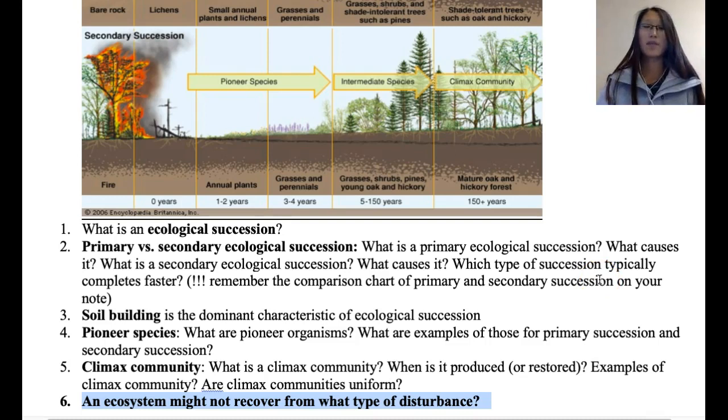And one thing I forgot to mention in the biome video is, and this is way off topic, but since I forgot to mention it in the other video, biomes are characterized by their biotic and abiotic factors, and the abiotic factors are mostly temperature and precipitation, right?